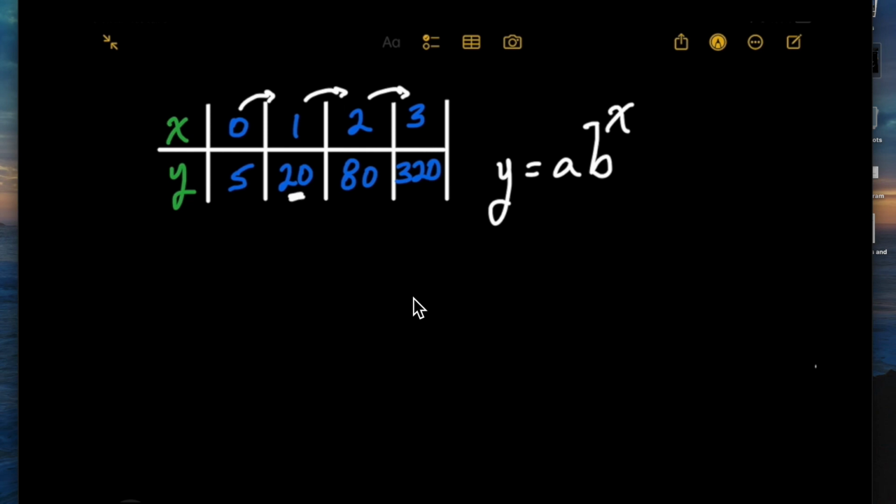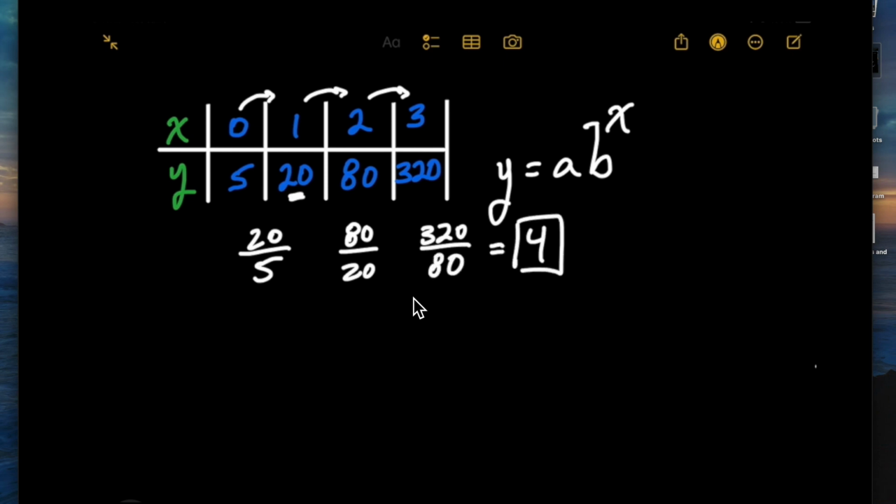Specifically, we take this 20, put that over 5, or we put this 80 and put that over 20, or we put this 320 and put it over 80, and we get the same value, which is 4. Therefore, that is going to be our base. So we now know that this function is going to be y equals a times 4 to the x.